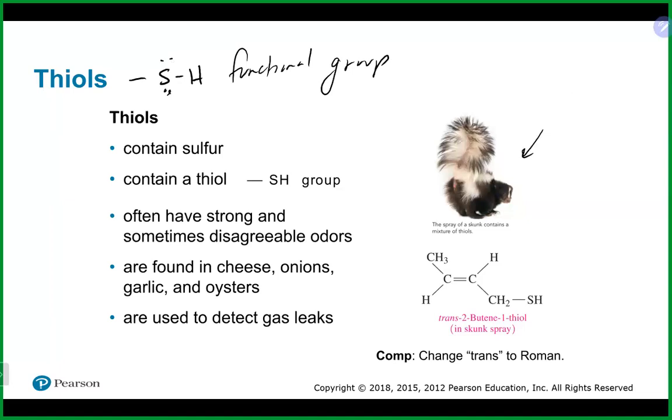I'm assuming that's why we have a picture of a skunk here. Sulfur is found in a lot of things that have some aromas, like cheese, onions, garlic, and oysters. They actually put sulfur in gas so you could smell that it's leaking. Otherwise, there wouldn't be any smell and you wouldn't know it's leaking. So they do put that in there so you can smell it.